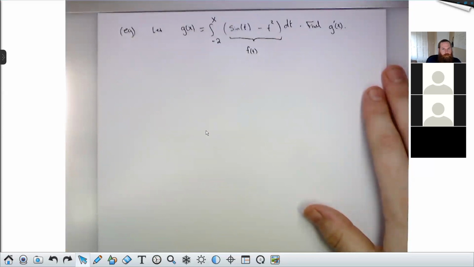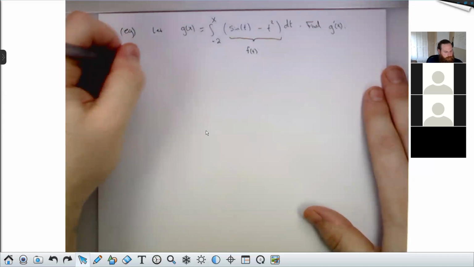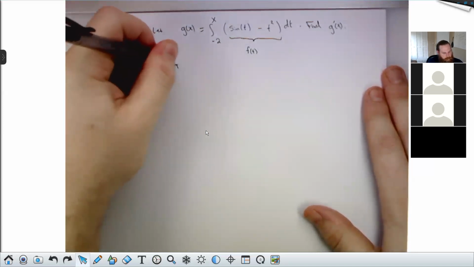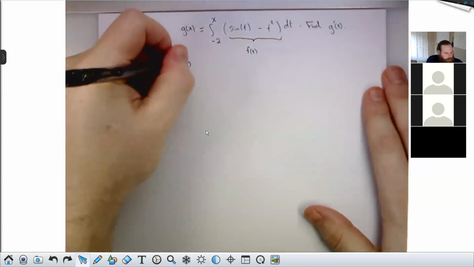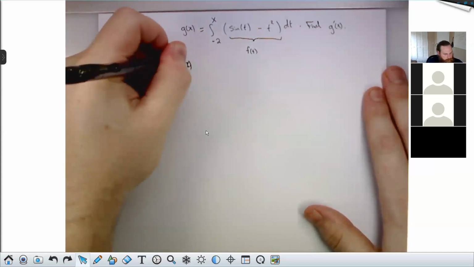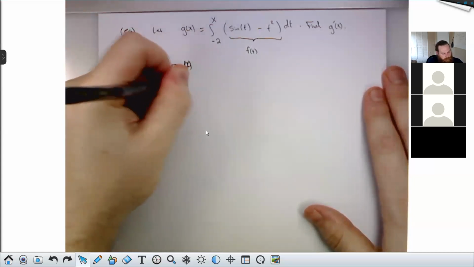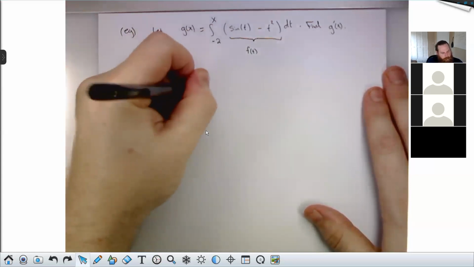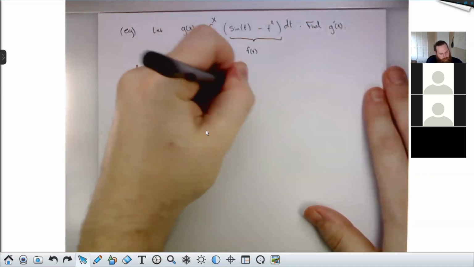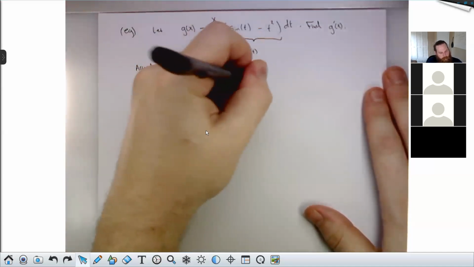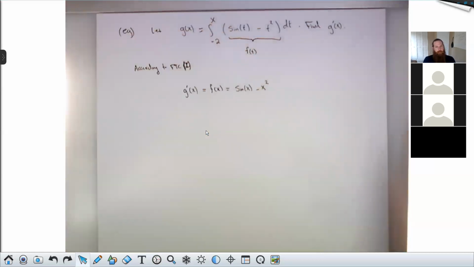So according to the fundamental theorem, part 1, according to FTC part 1, g primed of x should just be f of x, which is the sine of x minus x squared.